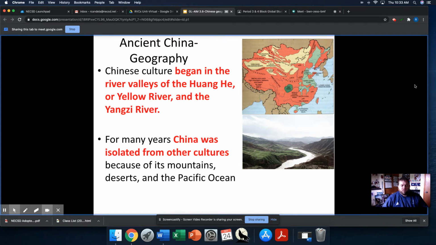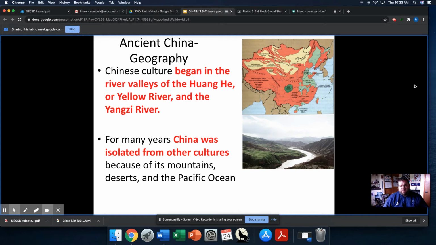Both of these rivers will behave a little bit differently, but they both perform essentially the same function, which is the same as Egypt and the same as Mesopotamia. These rivers flood. That flooding deposits fertile soil, and once the floodwaters recede, that fertile soil remains and is ideal for agriculture. So that is the importance of the rivers, and these are the two rivers that we're talking about.